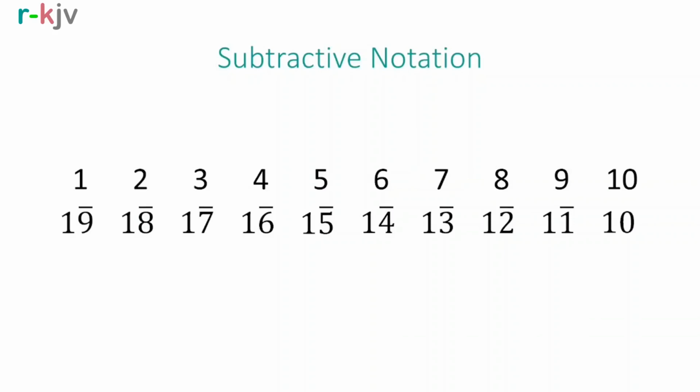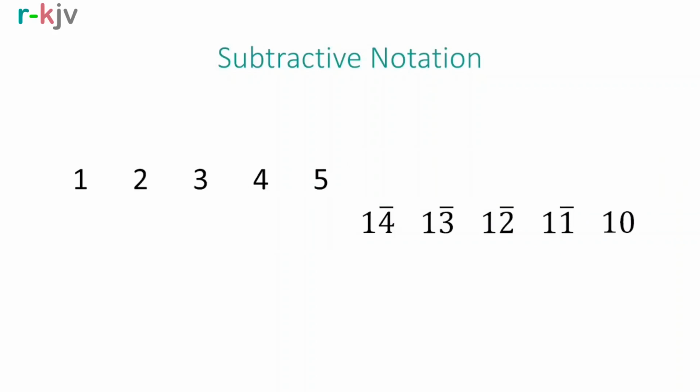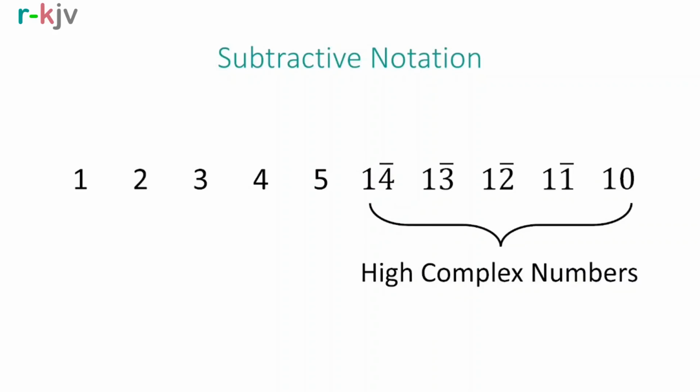History indicates that subtractive notation is mainly used in association with digits that form the upper half of a base. In base 10, we will be taking a look at numbers 6, 7, 8, and 9. If these that are in blue shade are removed, we are left with this setup.